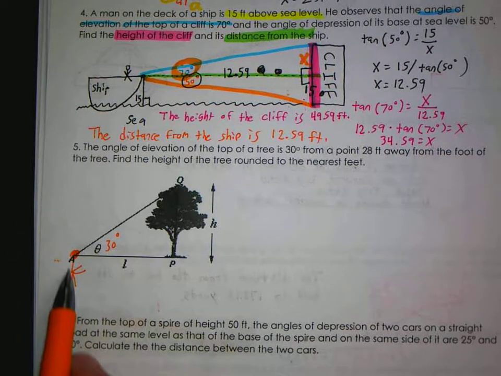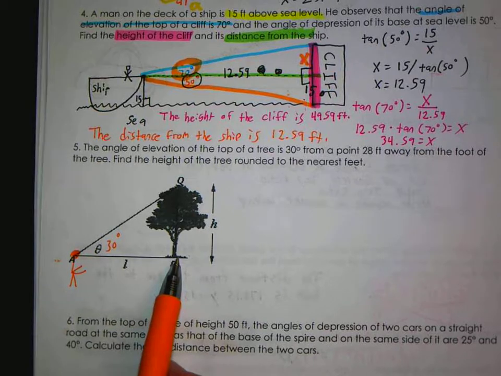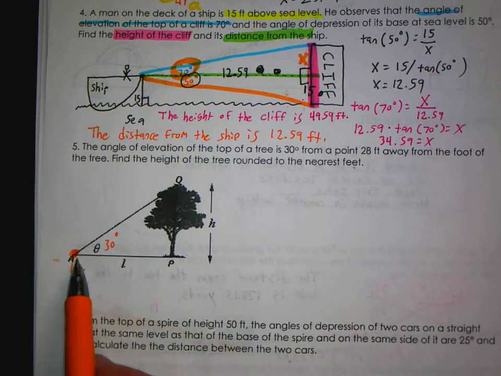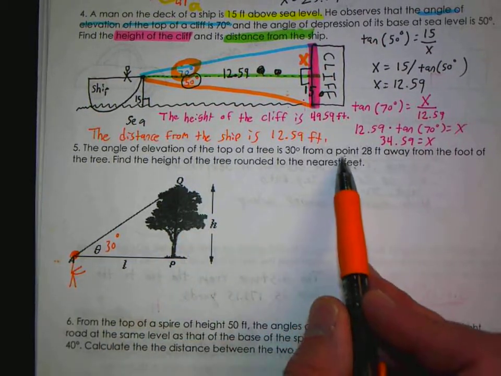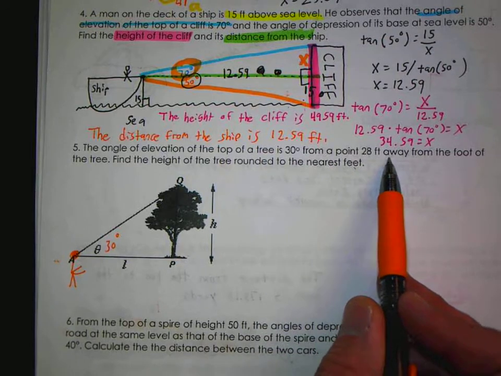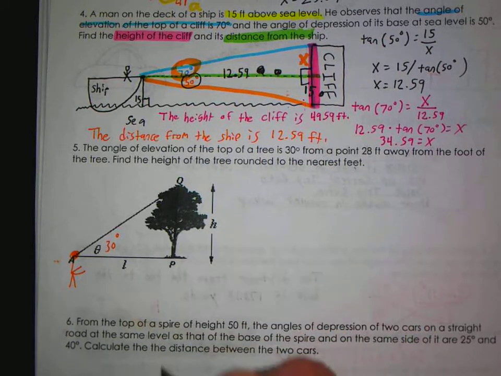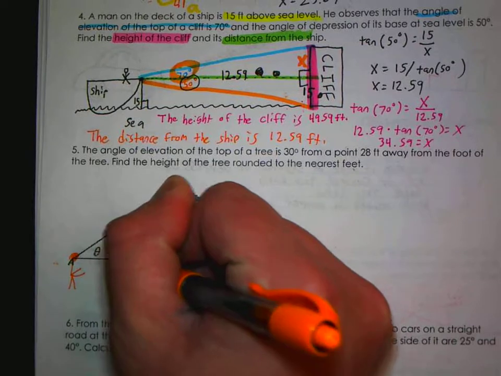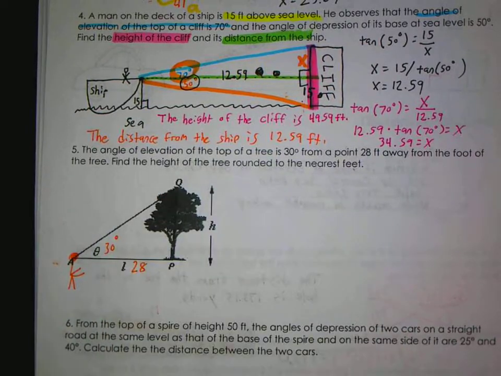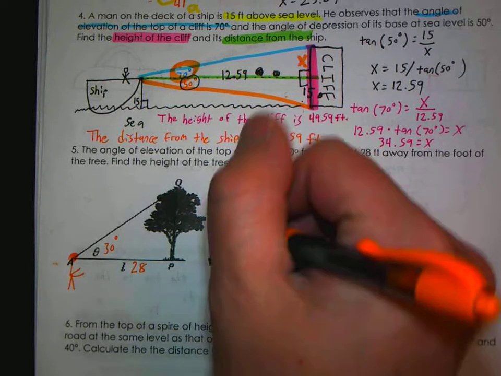It's 28 feet away from the foot of the tree. So where you're standing, there's your side, 30 degrees. Point 28 feet away from the foot of the tree. So this is 28.